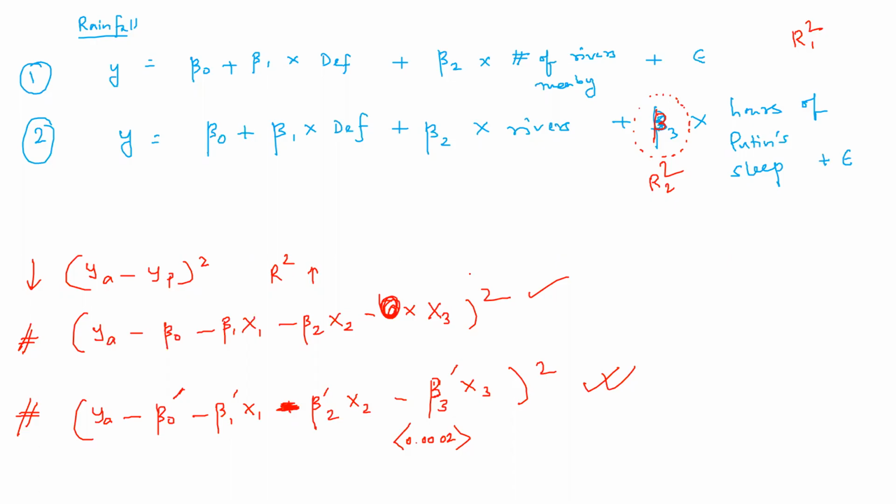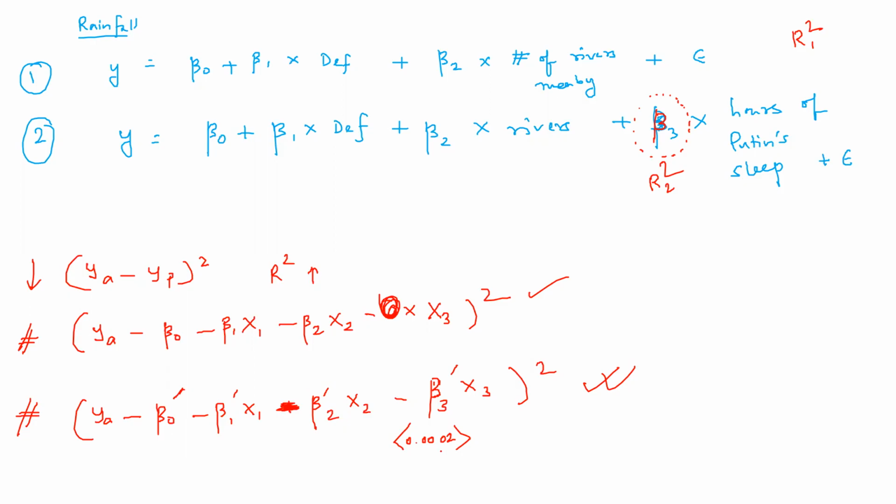It considers all other values and checks at which value the error will be minimized. And it is showing that at this particular value, the error is minimized. That means by this data set, I don't care whether Putin's sleep is actually affecting or not, but based on the data set that you have given, I already checked 0 for Putin's sleep while finding out this.